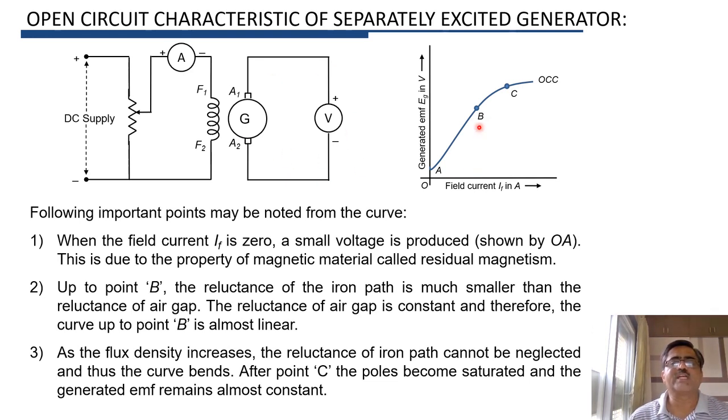After saturation of the field poles, even if the field current is increased, flux will not increase. And because of constant flux, this Eg will also remain almost constant. So beyond point C, the generated EMF Eg remains constant.